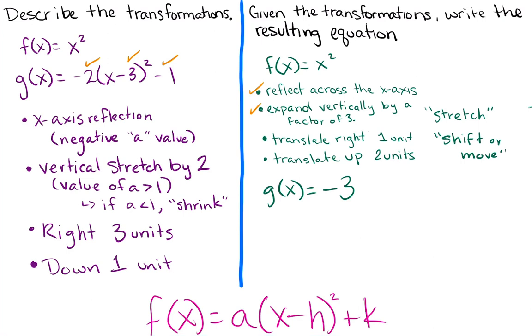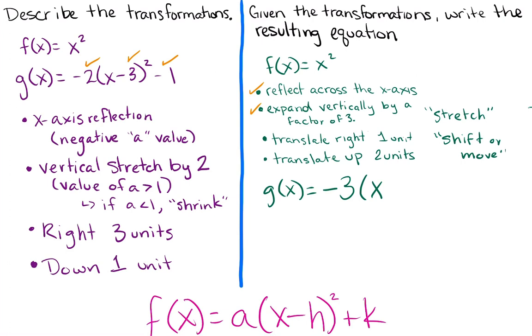Okay, we've already said that A causes us to stretch and reflect, but H is the one that's going to cause us to move left and right. And if I'm introducing an H into my equation, I have to build a house. I can only have H if I have a house. So after my -3, I'm going to do parentheses. And then after the parentheses, there's always an X.